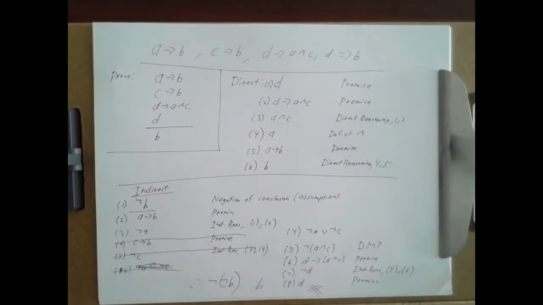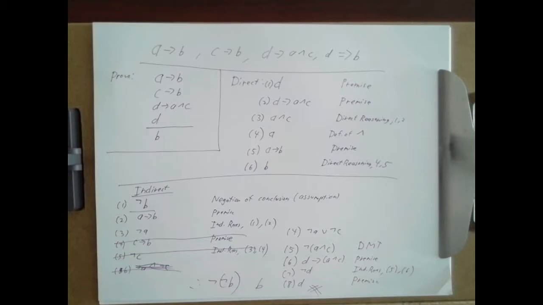So direct, you use the premises that you're given and you use the rules of inference and you try to get to the conclusion. Indirect, you assume the negation of what you're trying to prove and you use your premises and your rules of inference and you try to get to a contradiction.